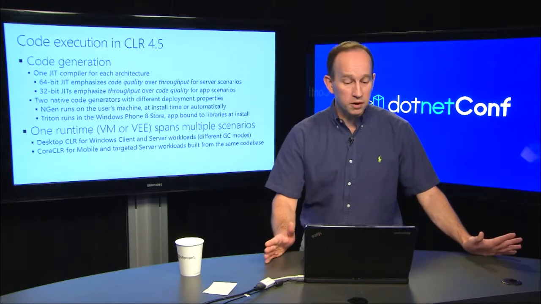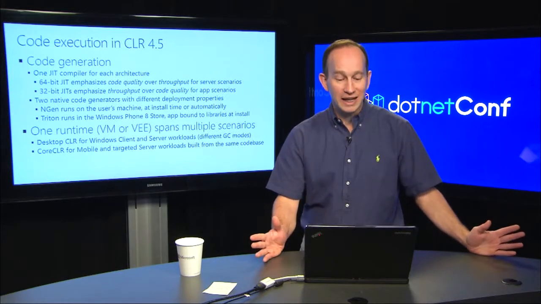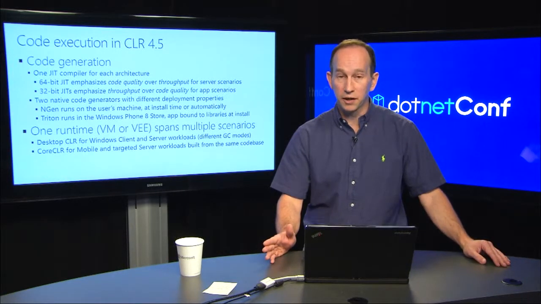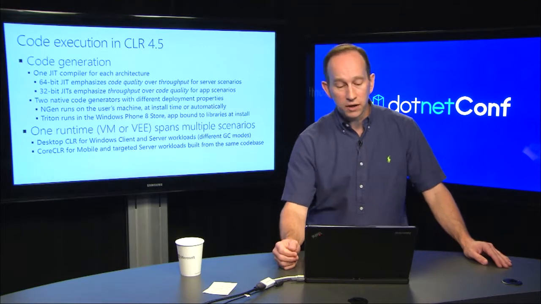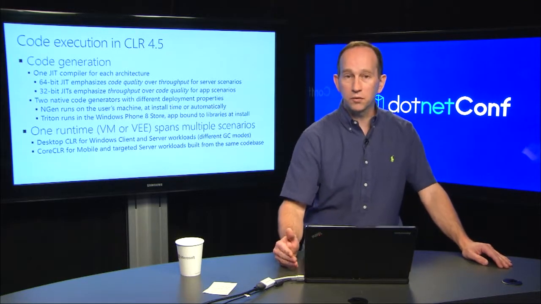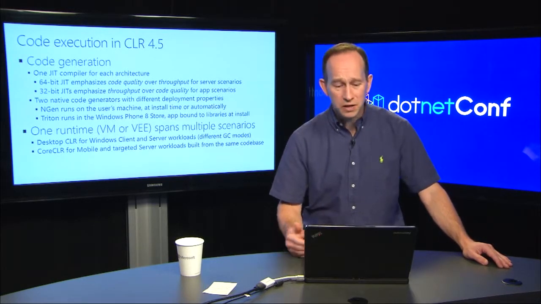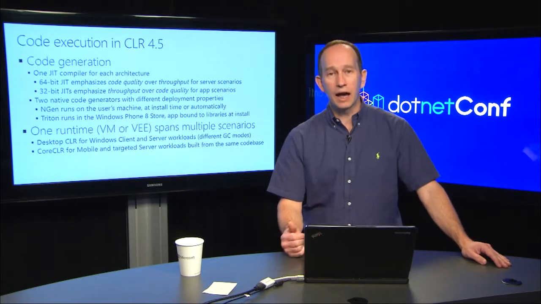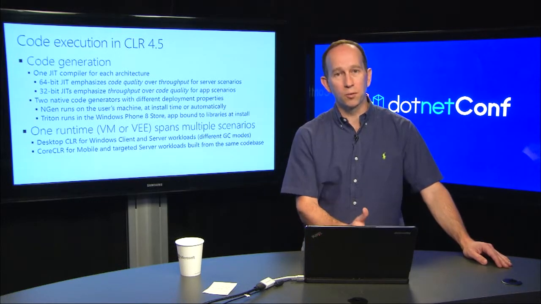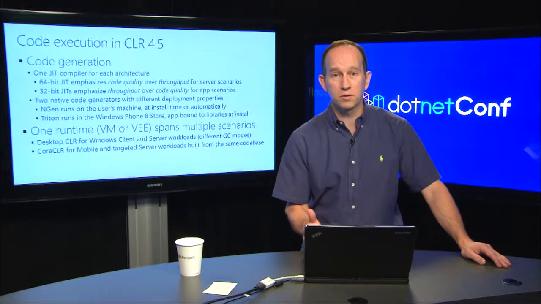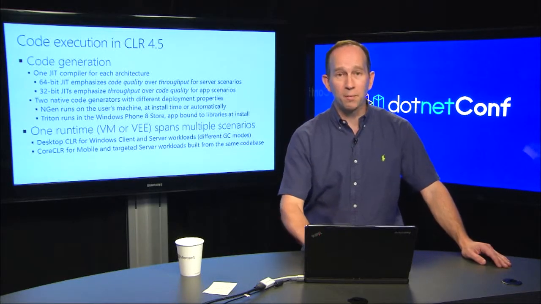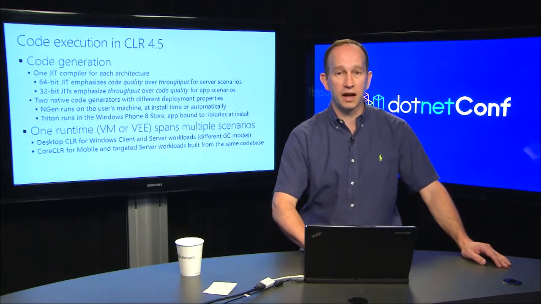And we've got the one runtime, or virtual execution engine, which spans these multiple scenarios. One thing that's important to realize is that the desktop CLR that works for Windows clients and server workloads is actually the same code base as the core CLR that we use for mobile scenarios or for some targeted server workloads, like the cloud-optimized .NET that's out with ASP.NET vNext.